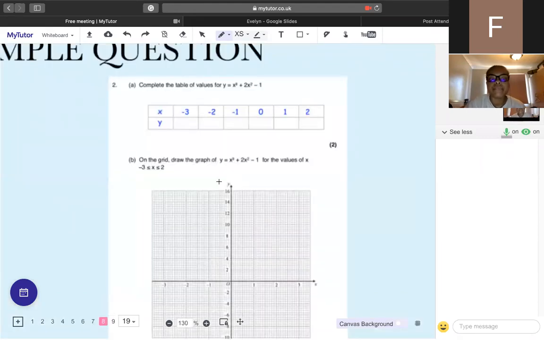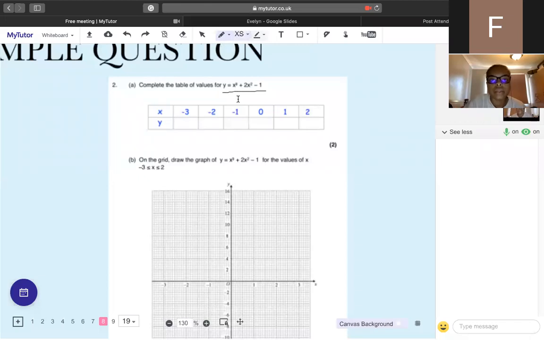First of all, we need to complete the table of values. Here they haven't done any of them for us, so we need to do all of them ourselves. The equation here is y equals x cubed plus 2x squared minus 1. So let's start substituting in values for x, starting with x equals minus 3.